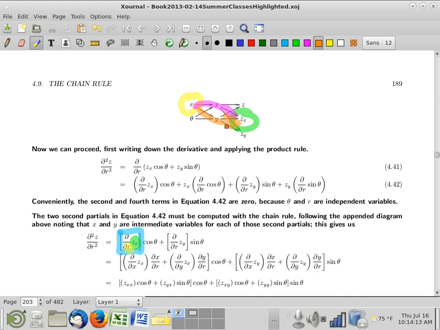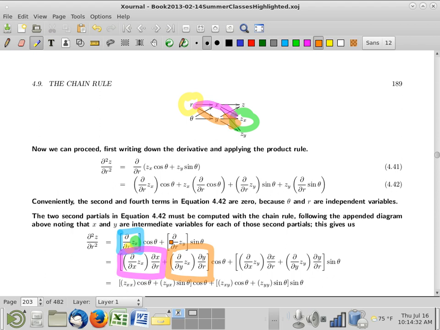The intermediate variables are x and y. And that gives you that term along the x path and this term along the y path.